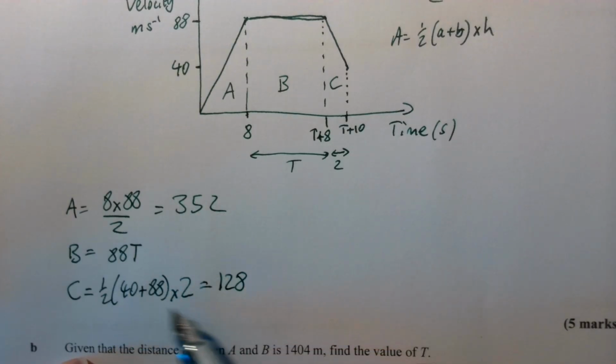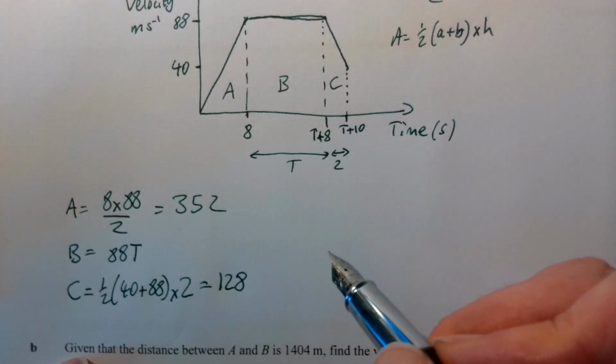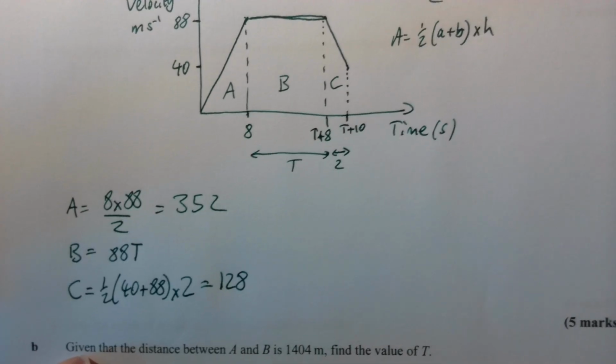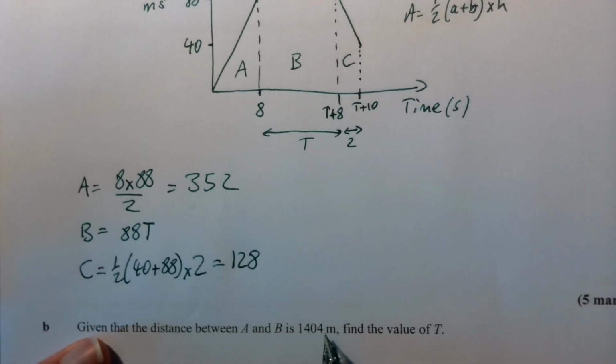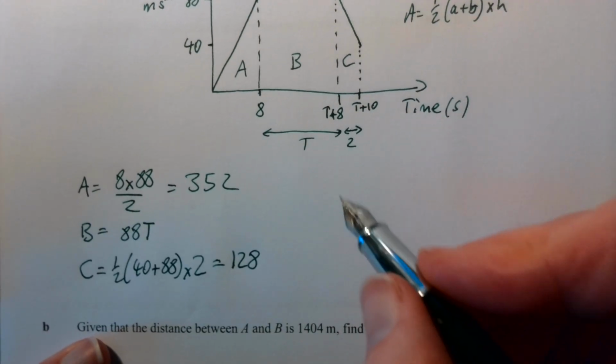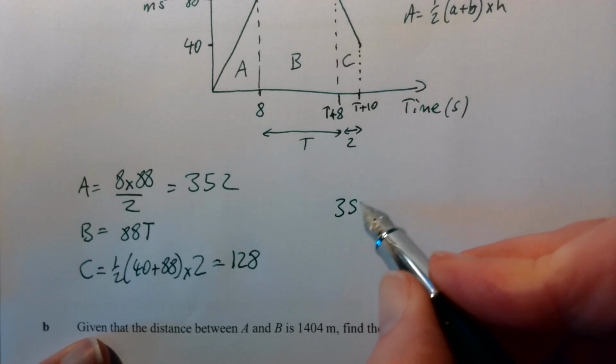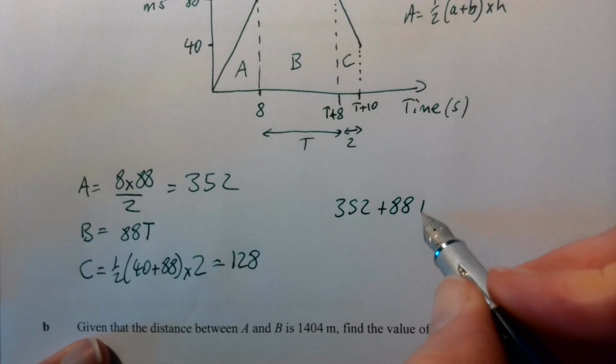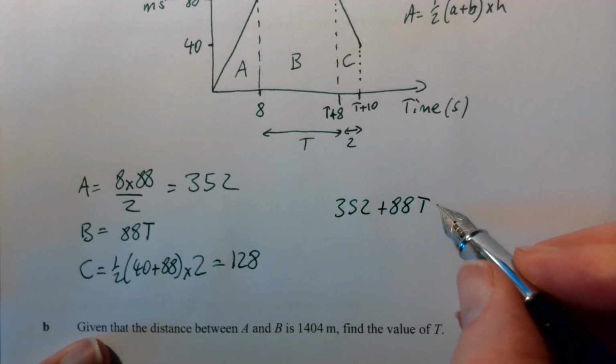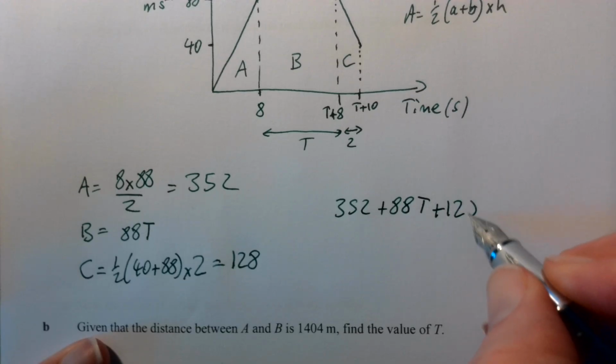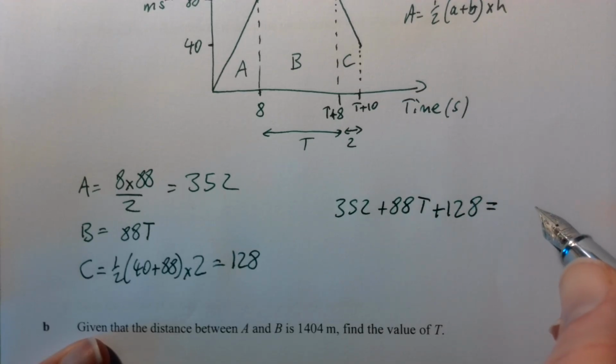All of this means we can make an equation, since we know that the distance is 1,404 meters. So we can say 352 plus 88t plus 128 is equal to 1404.